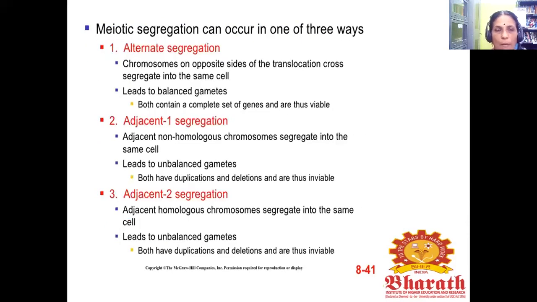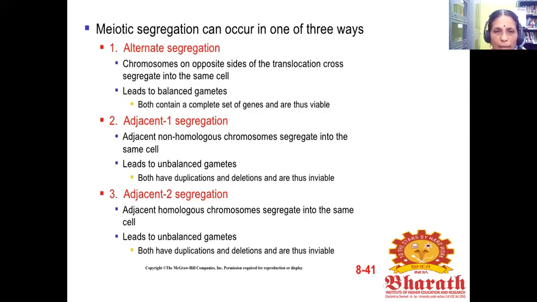See the picture. The meiotic segregation can occur in one of three ways. First is alternate segregation, in which chromosomes on opposite sides of the translocation cross segregate into the same cell, leading to balanced gametes.